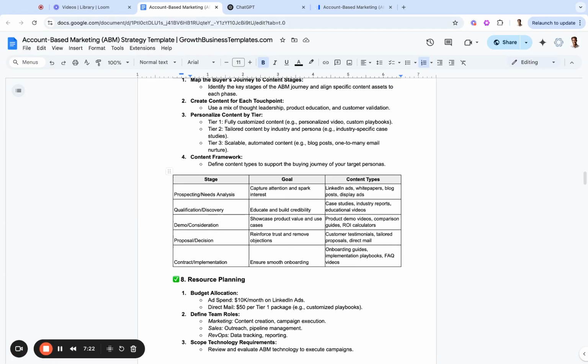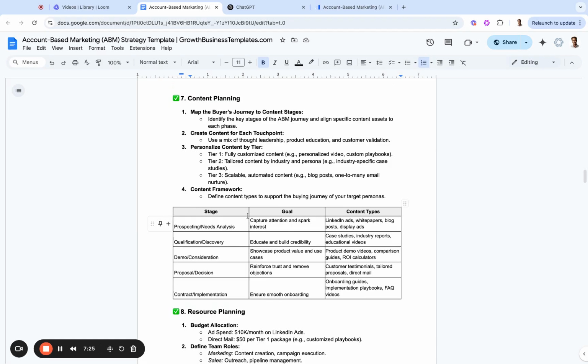Then we go into content planning. So think about this as, now that you've identified the accounts and their personas and their pain points and needs, goals and desires, you want to develop the content to support them throughout their buyer journey. And so we cover that in here, as well as content by platform.